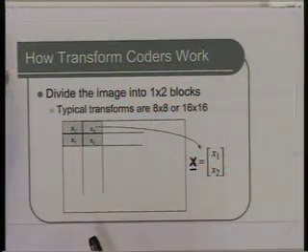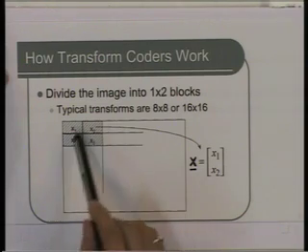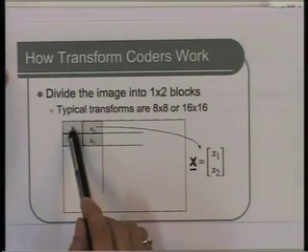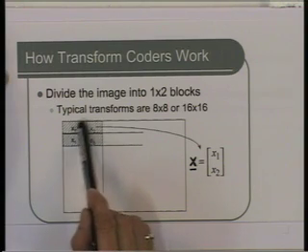Now, let us take another example where the source is an image. So, let us see how transform coding works on images. The first step is to obtain the source output vector, and this is done as follows. For our discussion, we form source output vectors of length 2 by dividing the image into 1 by 2 blocks.